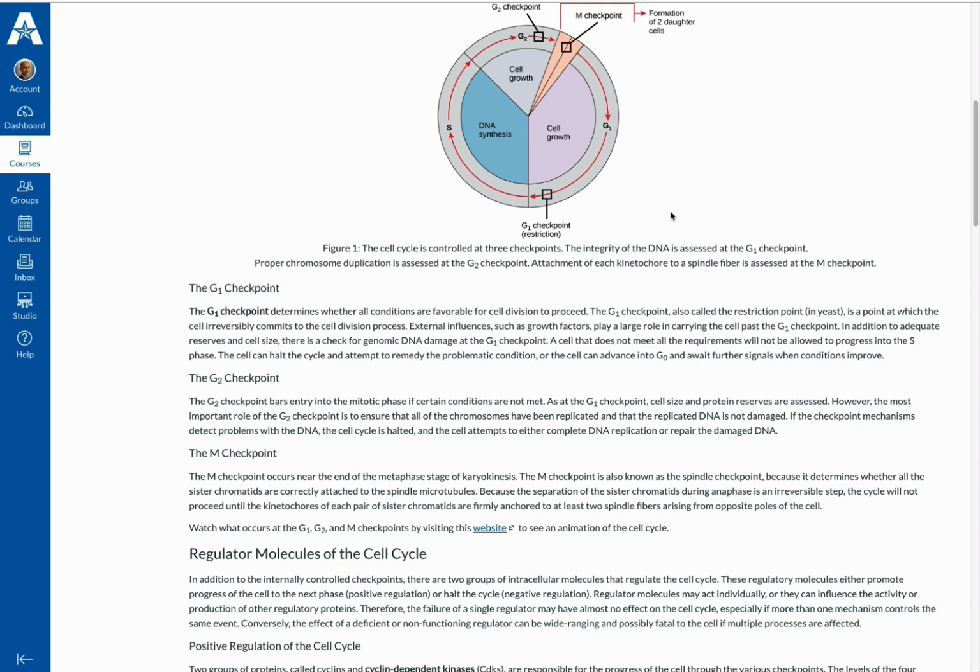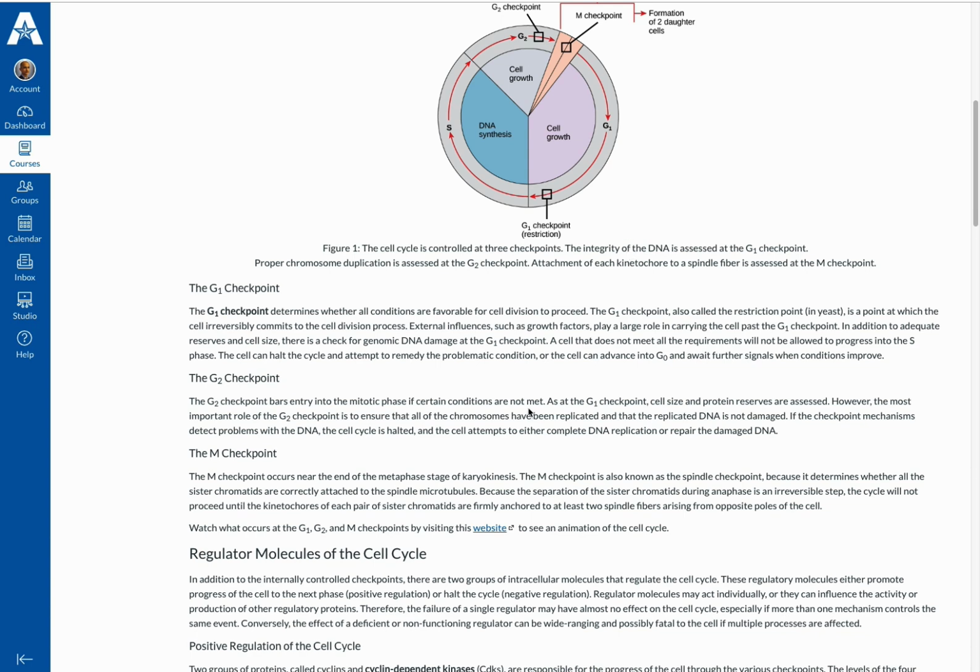So the G1 checkpoint makes sure that all the resources are available, and that there's no damage to DNA. The G2 checkpoint makes sure that DNA replication occurred properly. That's the primary role of G2, make sure that the chromosomes replicated properly and that they're not damaged.